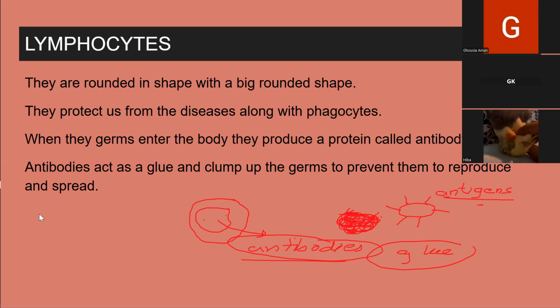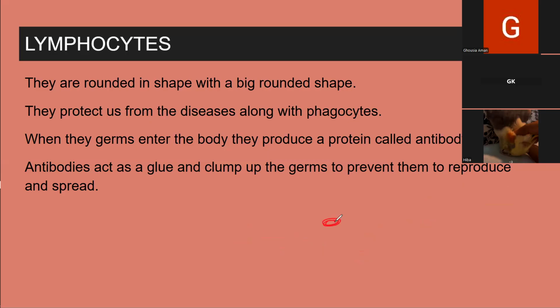Now the germs are being clumped up, and the phagocytes will come. Phagocytes have the ability to squeeze out of the blood vessel. See, the phagocytes are squeezing out of the blood vessel, producing false arms, swimming towards the germs, and eventually they extend their arms and engulf the germs.